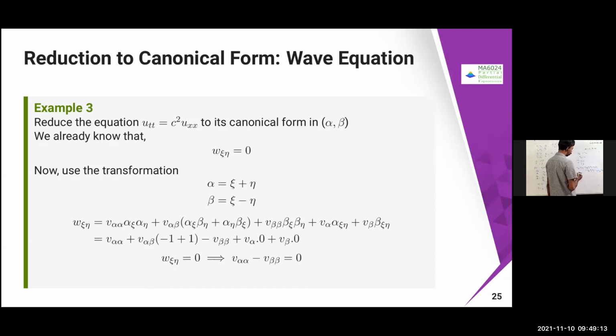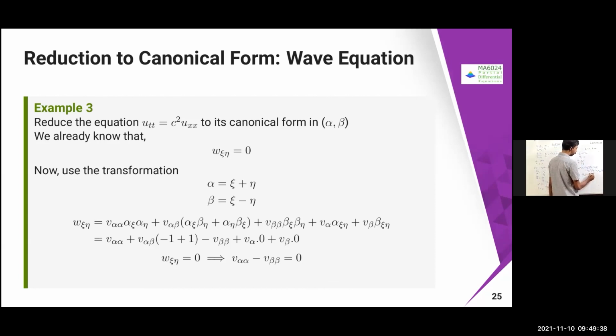So now this becomes v alpha alpha into alpha chi alpha eta. Alpha chi is 1, alpha eta is 1, therefore it is simply 1. V alpha beta into, so alpha chi is 1, beta eta is minus 1, therefore this is minus 1. Alpha eta is 1, beta chi is 1, therefore it is plus 1.